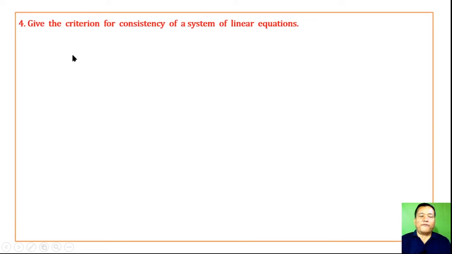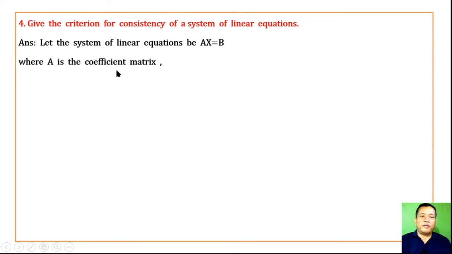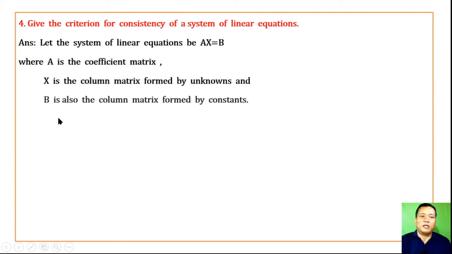Give the criterion for consistency of a system of linear equations. Let the system of linear equations be AX equal to B, where A is the coefficient matrix, X is the column matrix formed by unknowns and B is also the column matrix formed by constants.